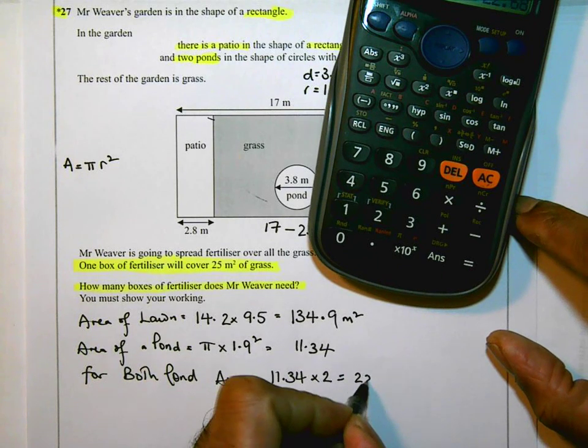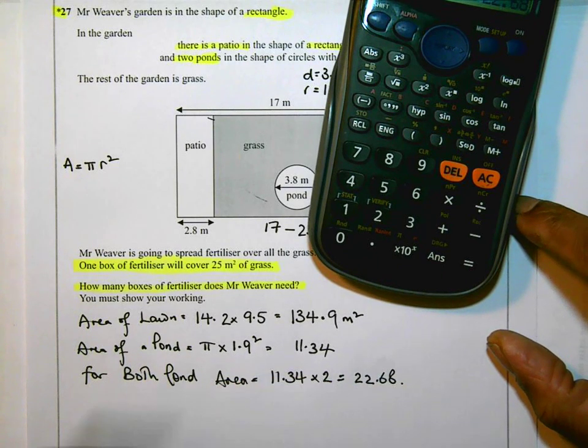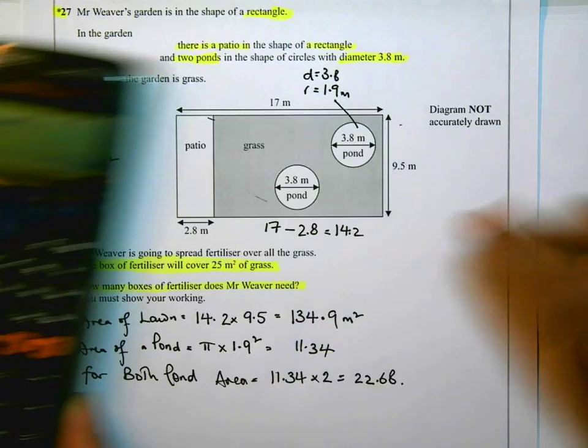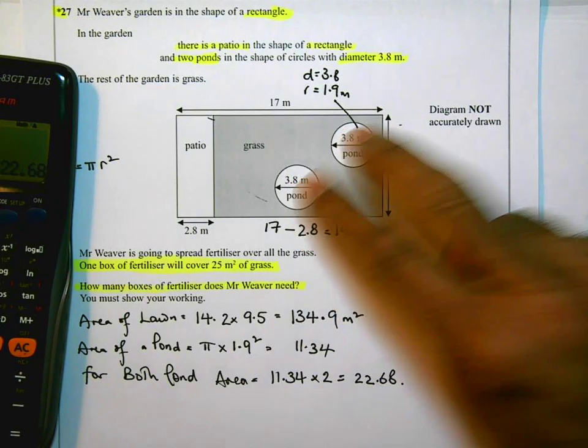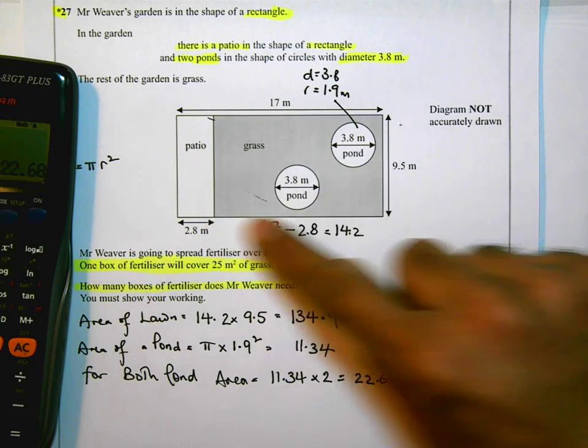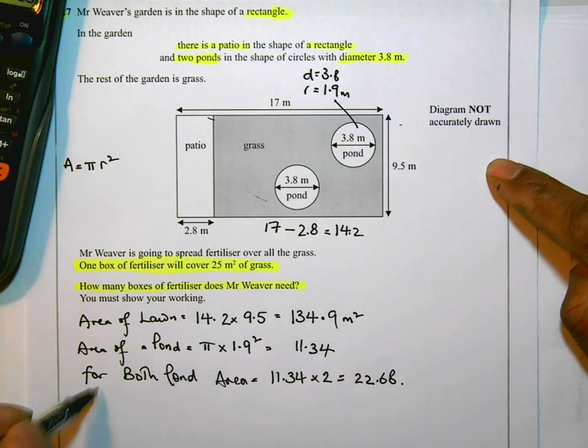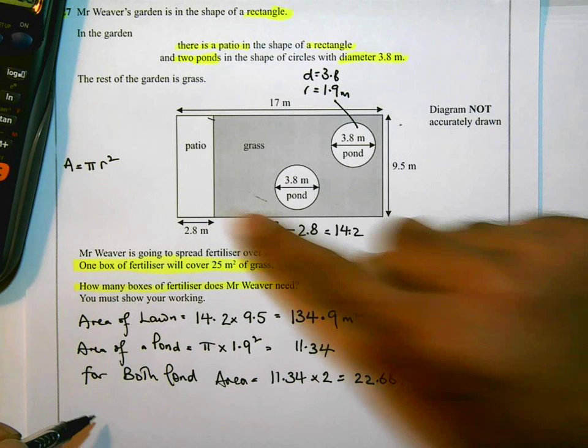So now that I know the area of those two ponds, and I know the area of the whole lawn, I can work out the area of grass.